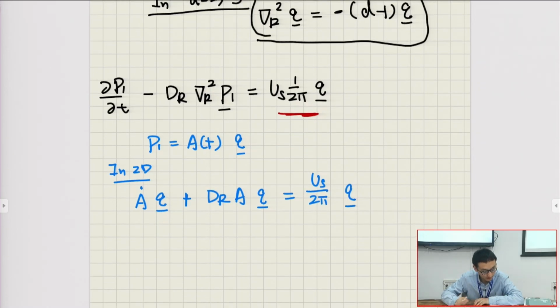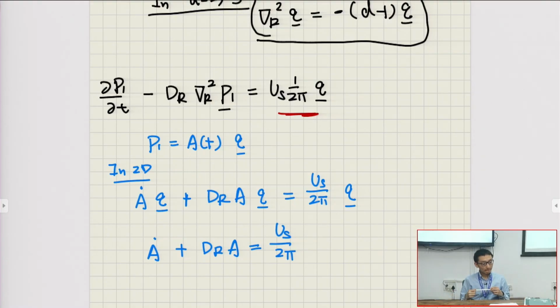We can cancel out q here. So I'm just left with a dot plus dr times a is equal to this number, right? So that equation we can solve. That's the first order ODE for A, right?